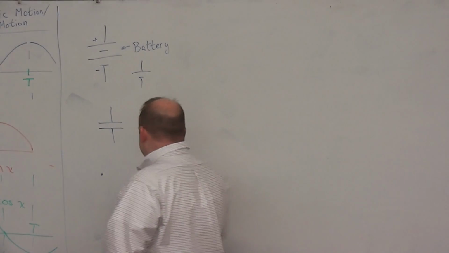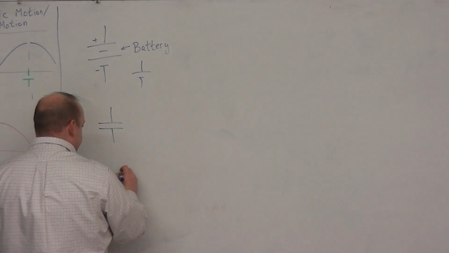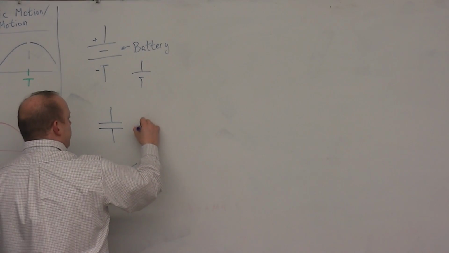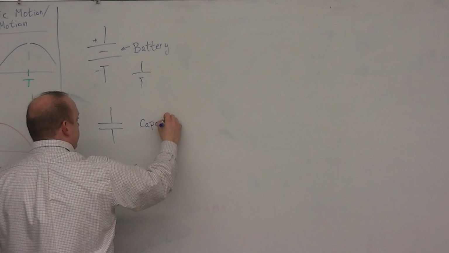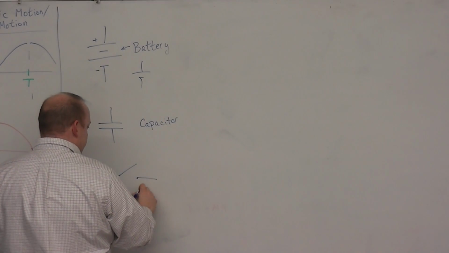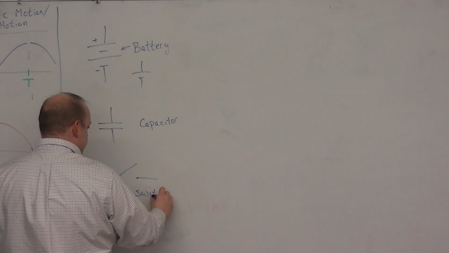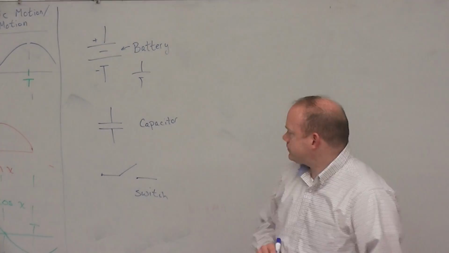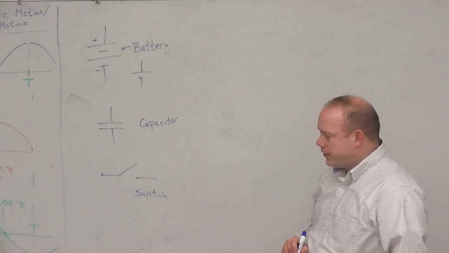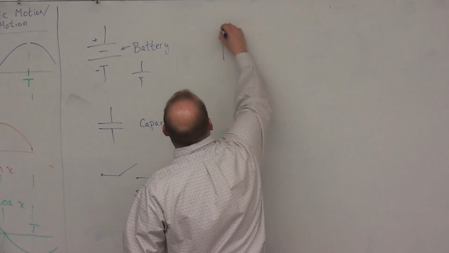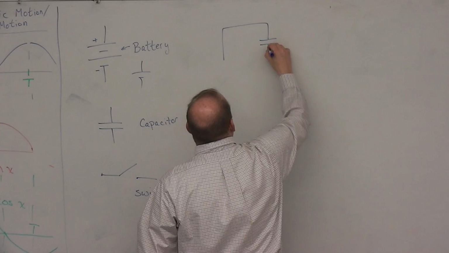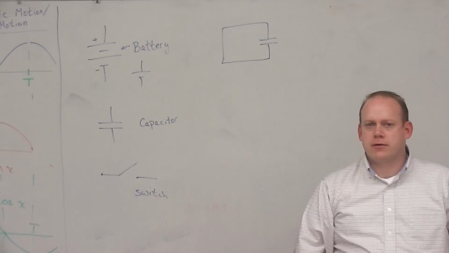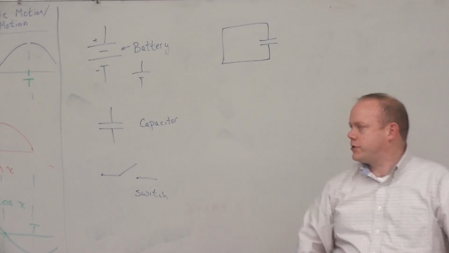The only other circuit element that we're going to introduce really in this chapter is a switch. So this is a capacitor, and this is a switch. Now, if I make a loop of wire, and all I have on it is a capacitor, there's nothing that I can do to charge that capacitor, unless it's already charged.